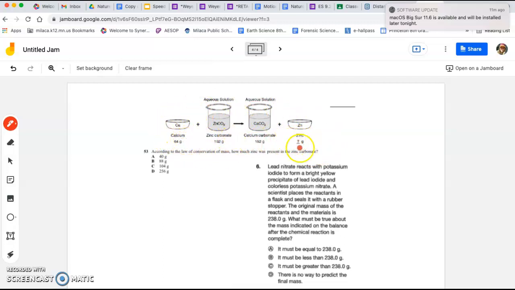So I just need to add these up and subtract this out to find how much zinc I'm missing. All right, and then so 5.3, these are going to be your answers, your options for zinc. And then 6 is going to be another word problem that I want you to try to figure out.